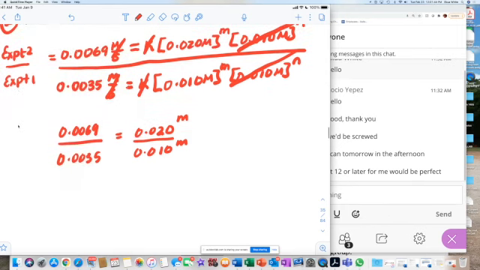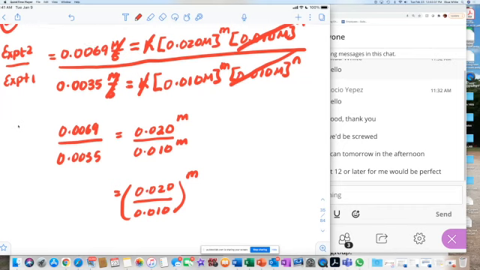On the right, we consolidate the base numbers, because the exponents are alike. So it's going to be 0.020 divided by 0.010 raised to the power m. So technically we're consolidating the base, not the exponent. Because since the exponents are alike, we pretty much rewrite it like that, okay?